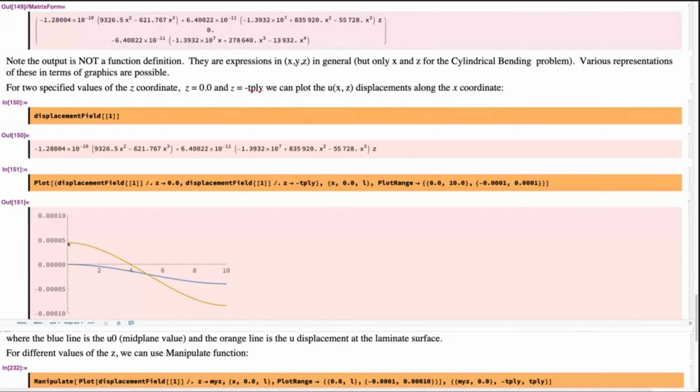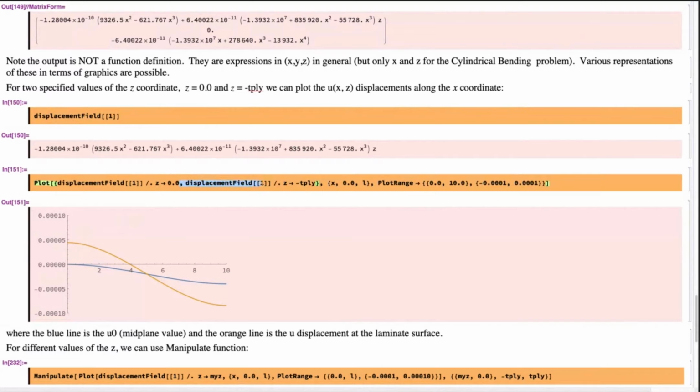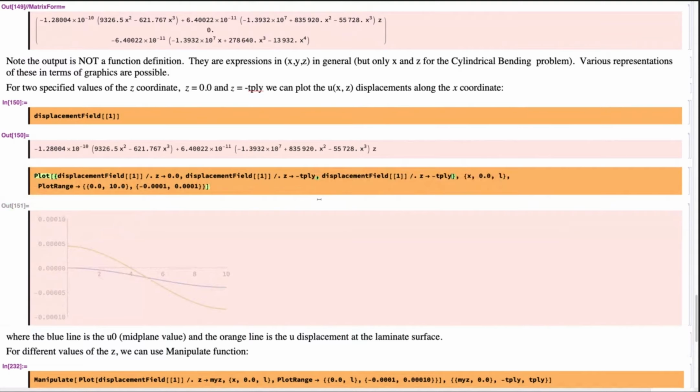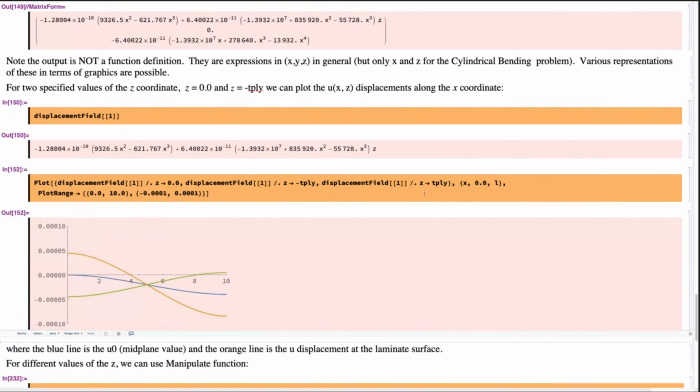If I took the u displacement also at the bottom and add that to the plot, let's do that real quick. I'm going to put the displacement field 1 at z equals plus t ply. The green line is at the bottom of the plate. Okay? U displacement. All right.